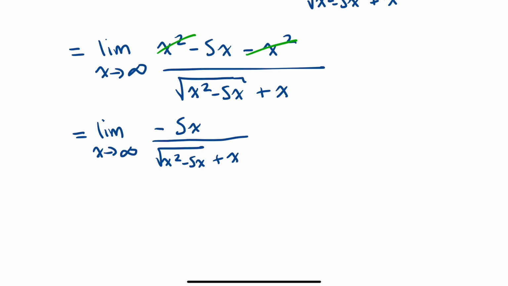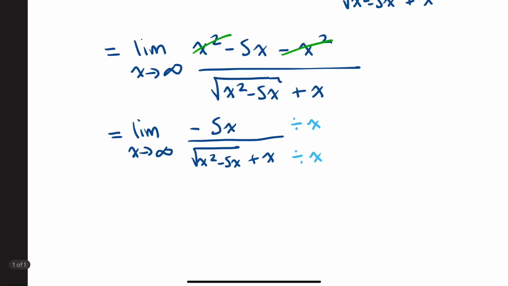So my goal right now is to try and possibly get rid of this x as well as some of the x's in the denominator. And so to do that, we can just divide both the numerator and the denominator by x.